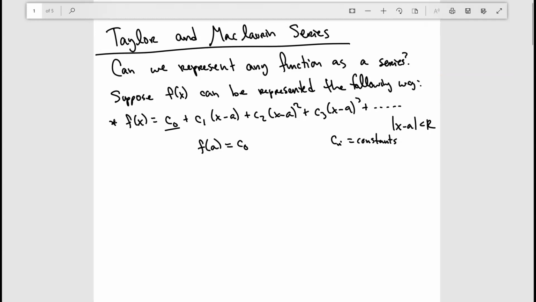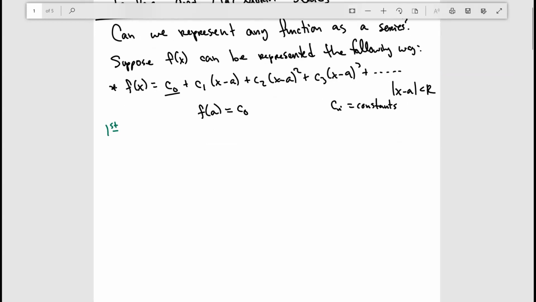So what we're going to do now is take the first derivative, f prime. So f prime of x is going to cancel out the c0, so that one's gone. The derivative of x is just going to be 1, and the derivative of a is going to be 0, so all I'm left with is c1.